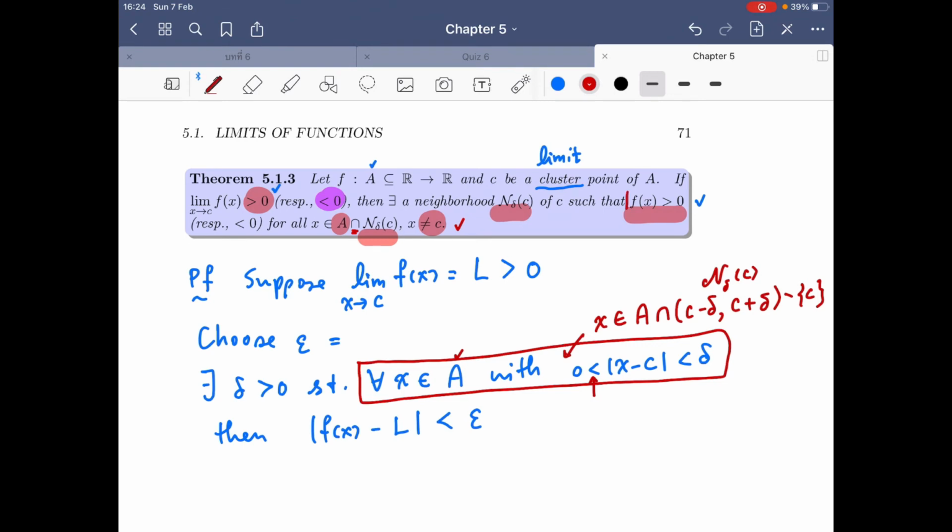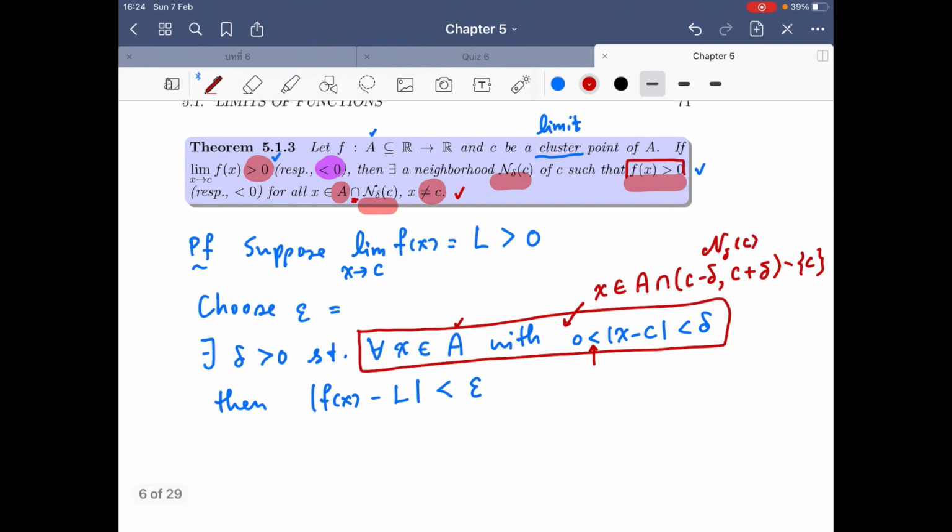However, what we really need is that your f(x) inside this set will be greater than 0. So let us calculate a little bit. This means that f(x) minus L is less than epsilon and greater than negative epsilon. So f(x) is less than L plus epsilon and greater than L minus epsilon.